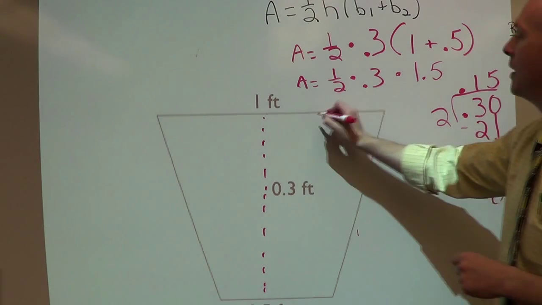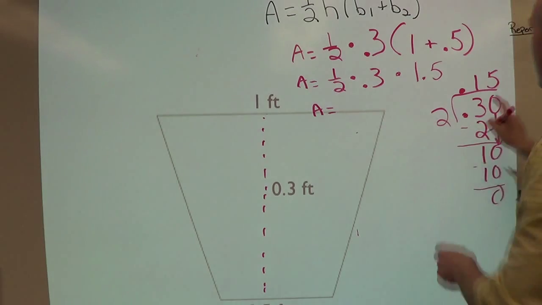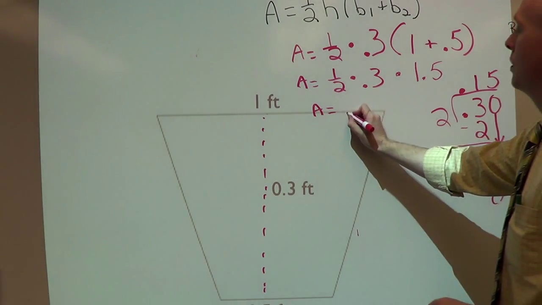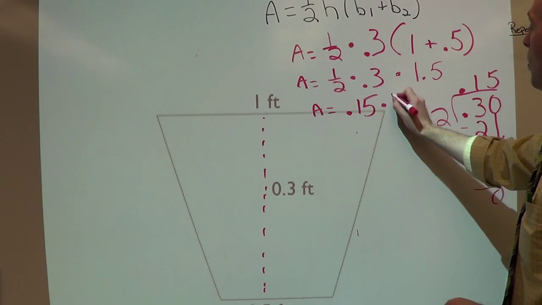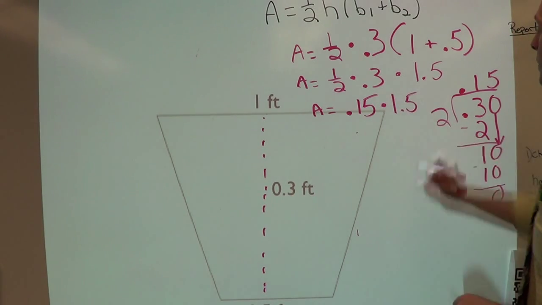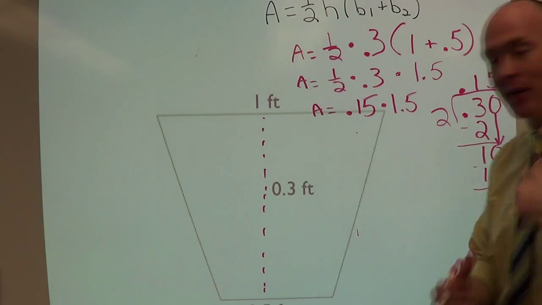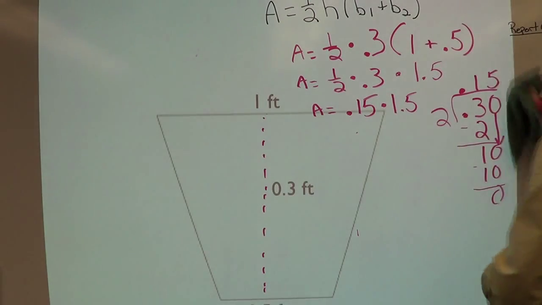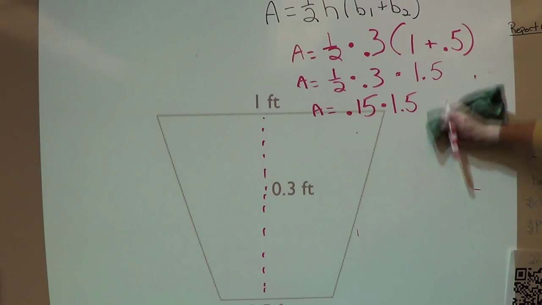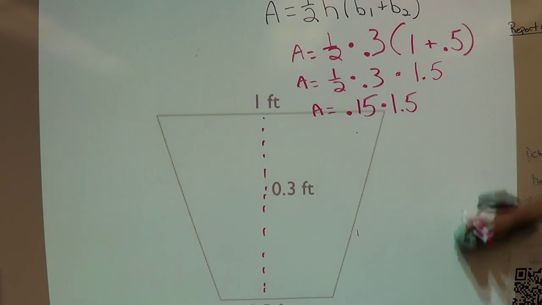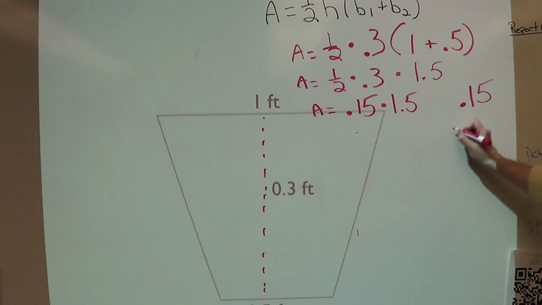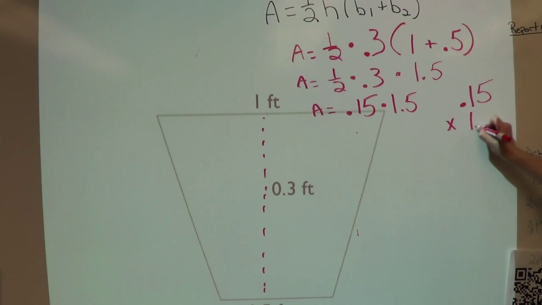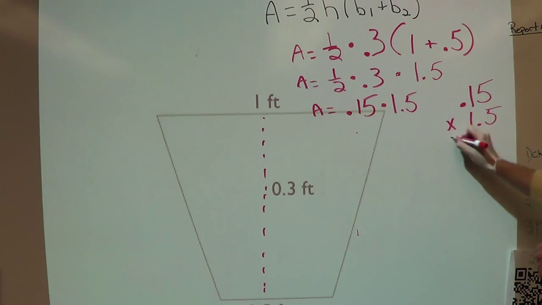So now we know area equals 0.15 times 1.5. Multiplying decimals. We can do it. I'm going to erase my division work here just to give myself a little bit more space to work with. So now I have 0.15 times 1.5.